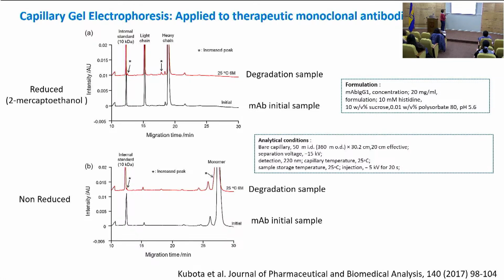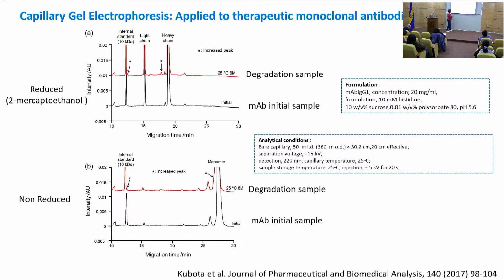Here they compare the electrophoretic profile, the electropherogram, we say. As we say chromatogram for chromatography, we say electropherogram for electrophoresis. Here is the electropherogram obtained for the mAb initial sample.